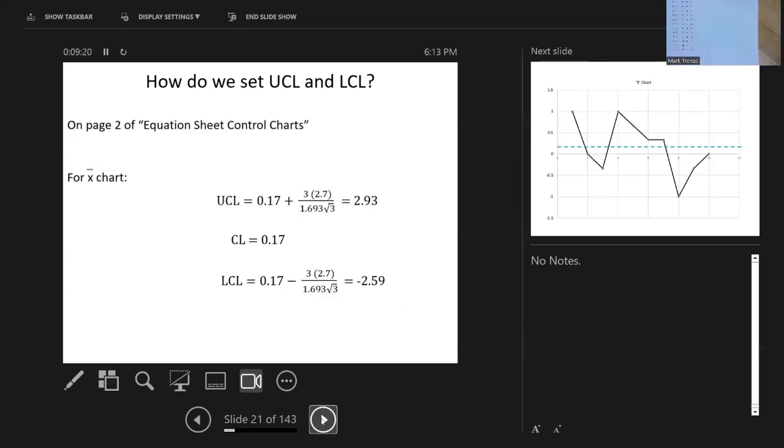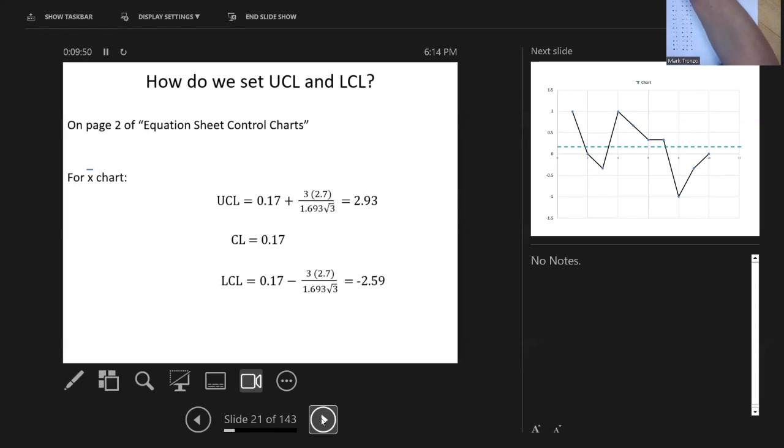And same thing, so just putting the numbers in, we get the upper control limit of 2.93, the lower of negative 2.59. Again, there's going to be a difference because we're adding 17 at the top in front of all those. And then the center line is going to be 0.17.